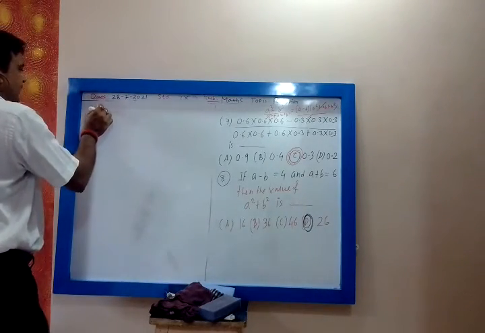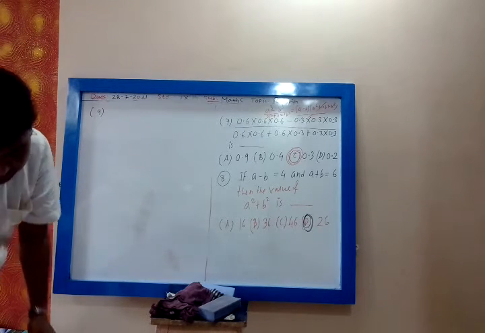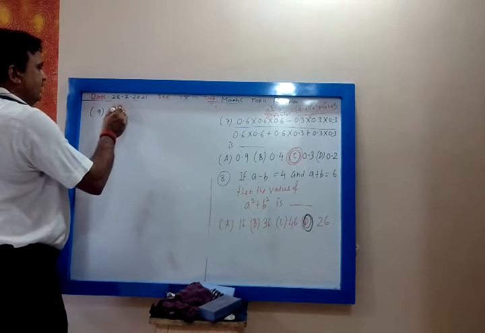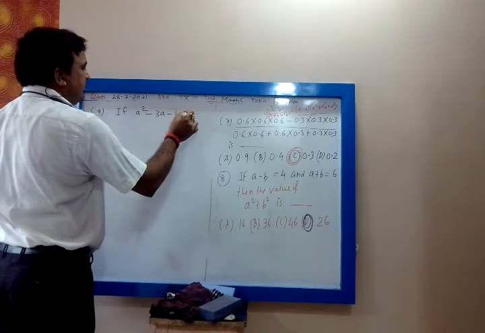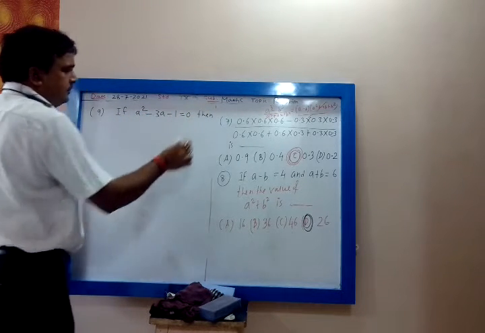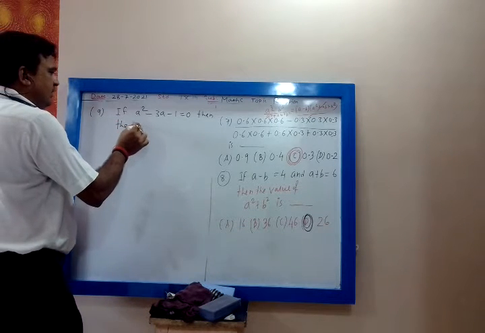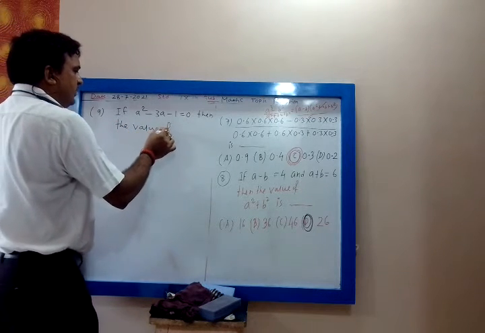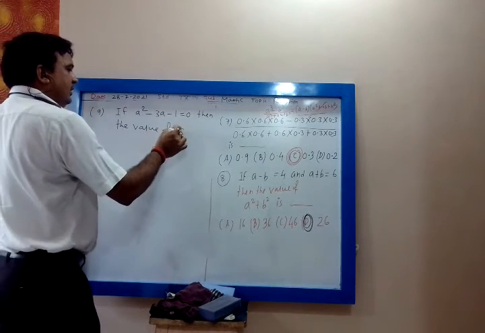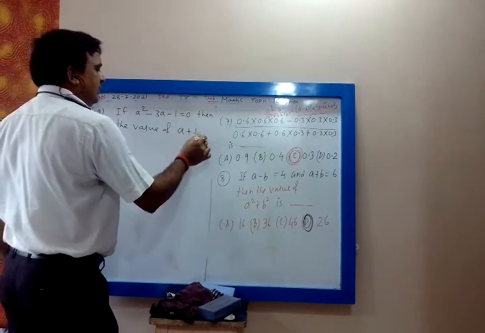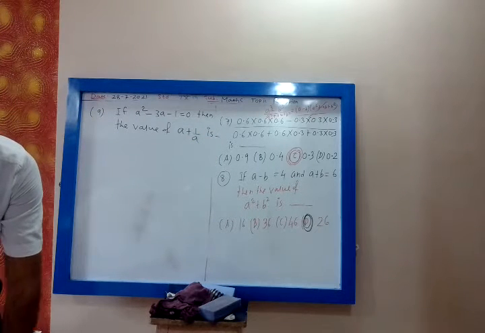Then ninth one. Okay. If A square minus 3A minus 1 equal to 0, then the value of A plus 1 upon A is, start this.